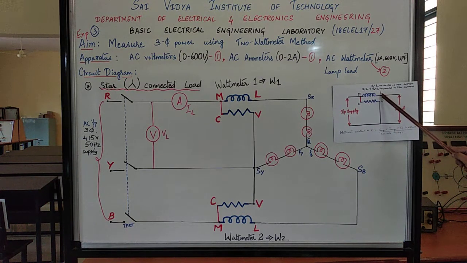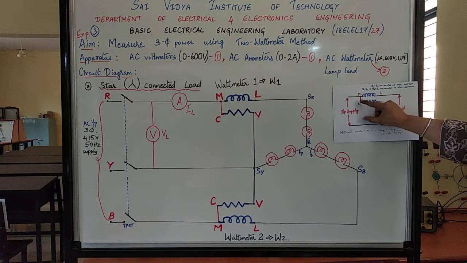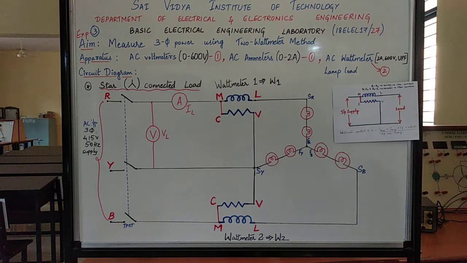The L terminal, indicated as load, is connected towards the load. And the potential terminal, C, is abbreviated as common, and V is the potential terminal. This is called the potential coil, and this is always parallel to supply and load.